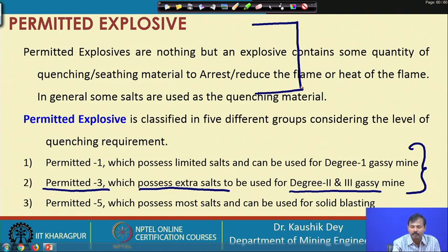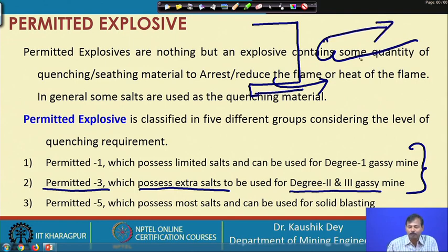What do we do? We provide a cut beforehand, so that the methane can be released from this cut and go to the atmosphere beforehand. So, the methane content in the coal will become less for these two conditions, and that is why the salt requirement of these conditions is less, because we are taking out most of the methane beforehand.